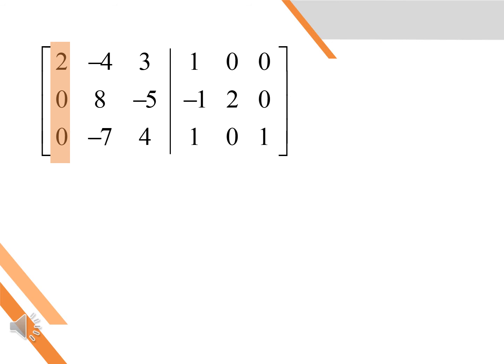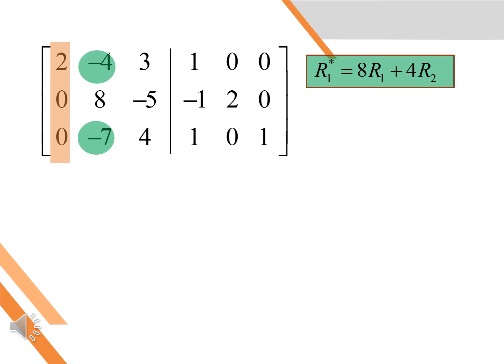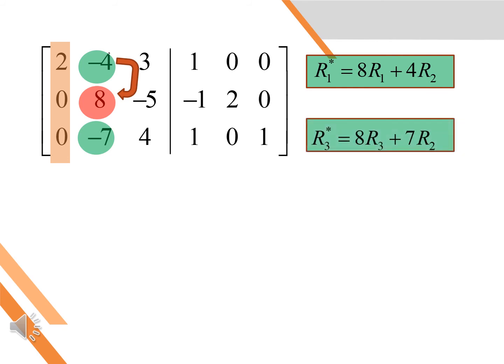The elements in the second column are -4, 8, and 7. Now, we will obtain 0 for the first row and row number 3. The formula for the first row is 8 row number 1 plus 4 row number 2. And for the third row, we replace the third row using the formula 8 row number 3 plus 7 row number 2.